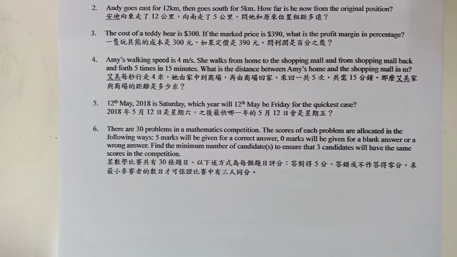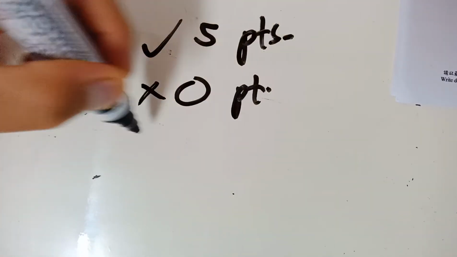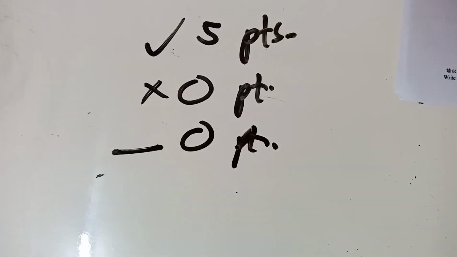So we're going to find the minimum, or the smallest, number of candidates to ensure that 3 candidates, or 3 students, will have the same scores in that competition. Since the problem says that if you get the correct answer, you'll get 5 points, if your answer is wrong, 0 points, and if you leave it blank, 0 also.